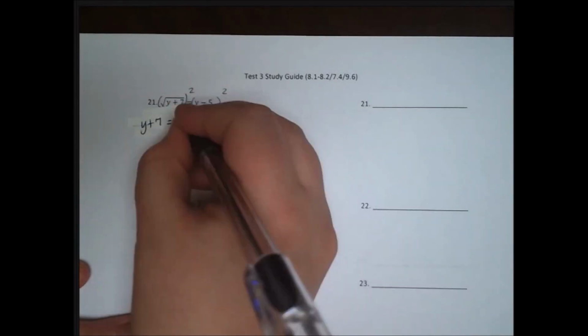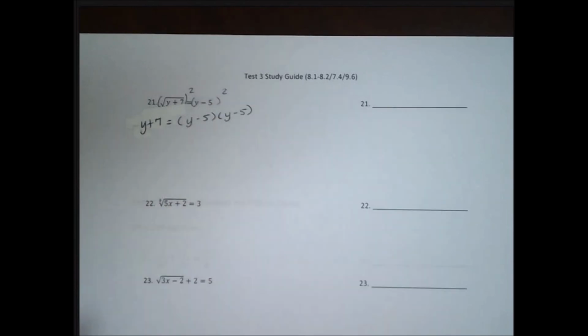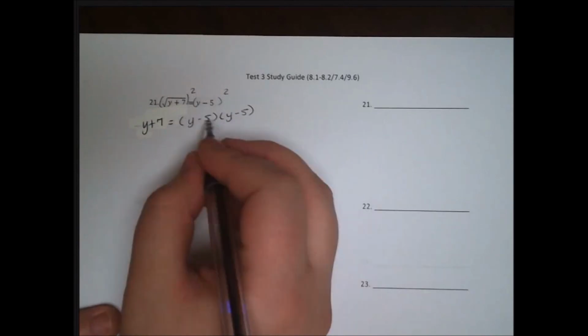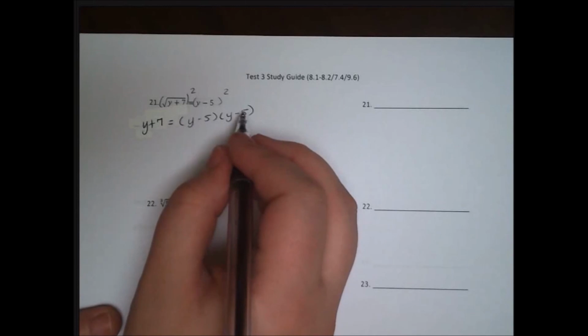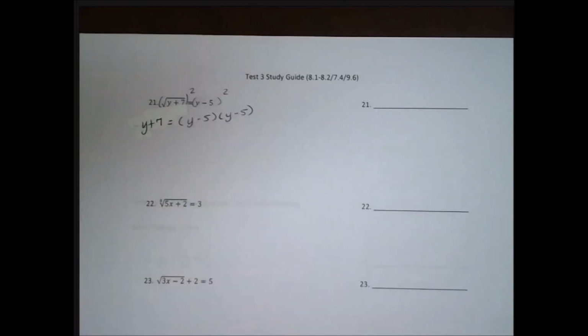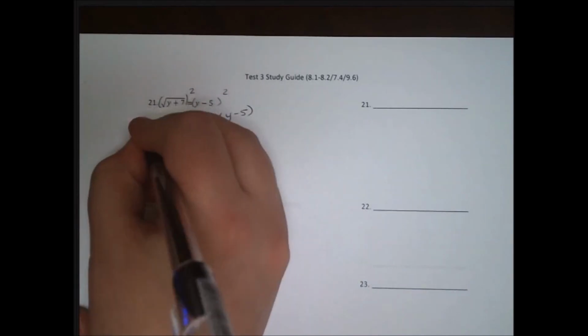When you do that, that means y minus 5 times y minus 5. That is your distributive property. So you're going to multiply y times y times negative 5, and then negative 5 times y, negative 5 times negative 5. So I'm a little limited on space on this.